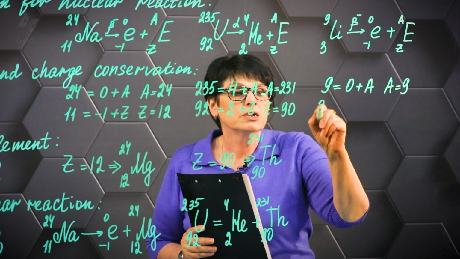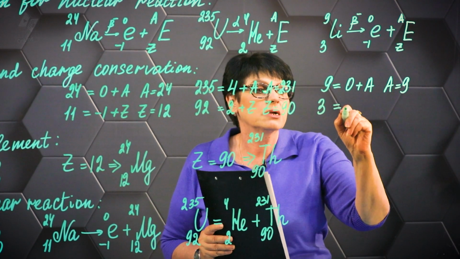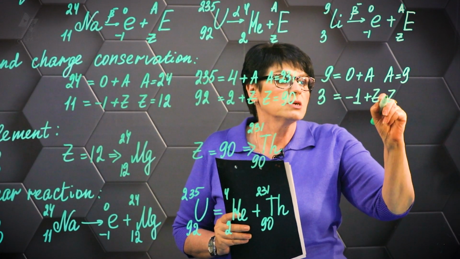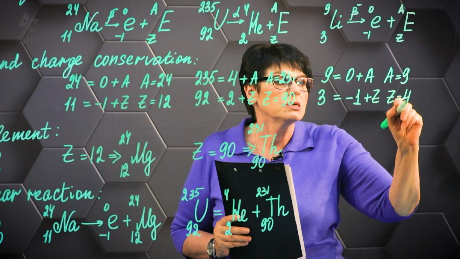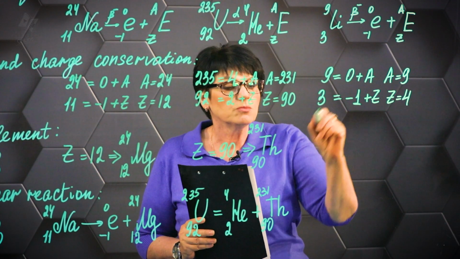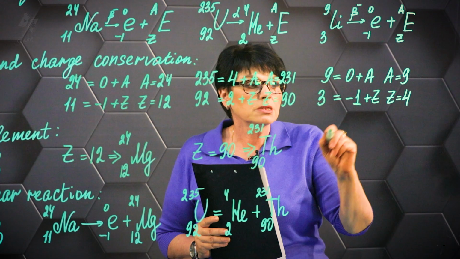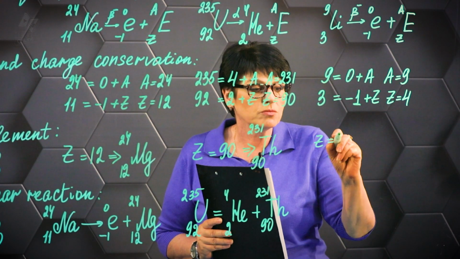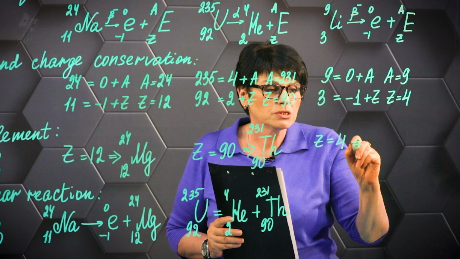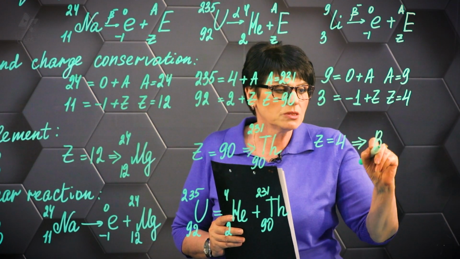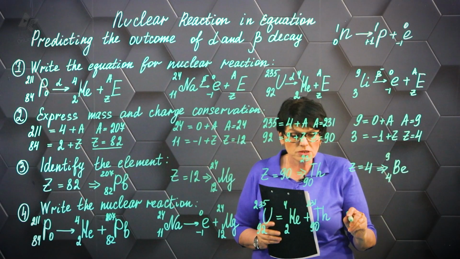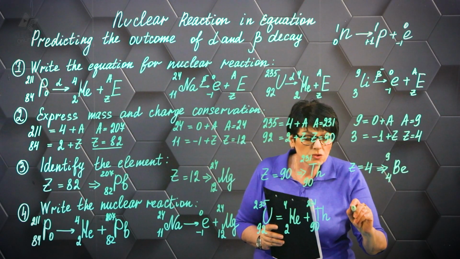On the bottom we have 3, and since the electron is minus 1, plus Z, Z would be 4, given the rules of math. So since we have the number 4, it's easy to conclude that the element in question is beryllium, 4, and its mass is 9, and we'll write down the equation that we've got.